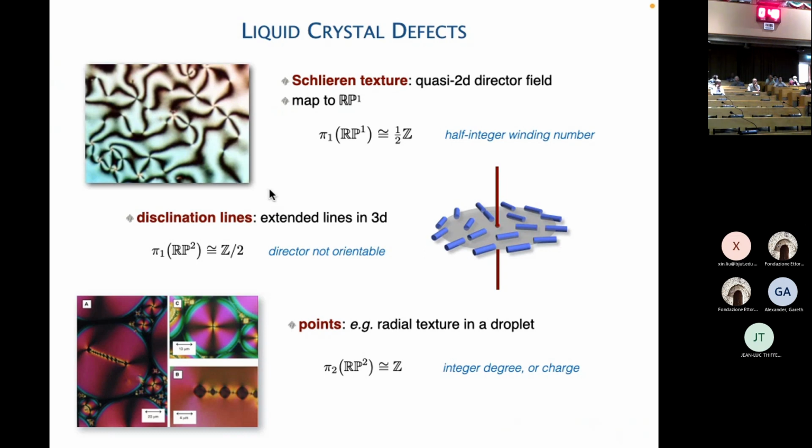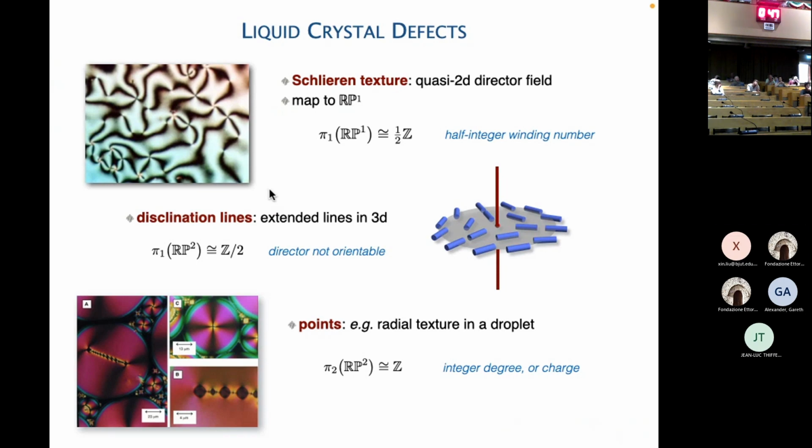So we tend to think that you take measurements on some circle going around points in the sample. So you're measuring on some circle, you're taking values which are orientations of the molecules at the various points you sample. Here, if you're in the plane of the screen, then line elements in the plane of the screen is RP1. You look at its fundamental group, it's the half integers.